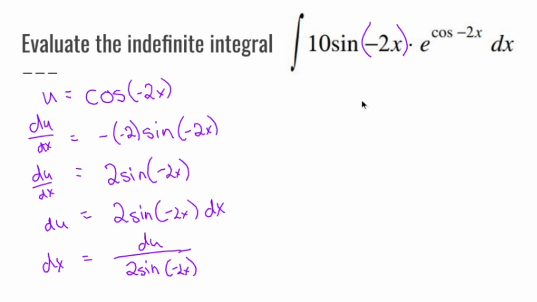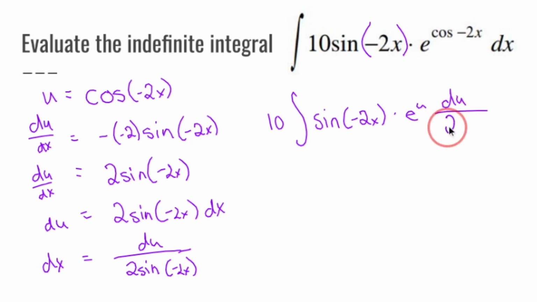So let's rewrite this guy out knowing what I know. I have the integral. We could bring that 10 out. The integral of sine of negative 2x times e to the u. And instead of dx, I'm going to write out du over 2 sine of negative 2x.